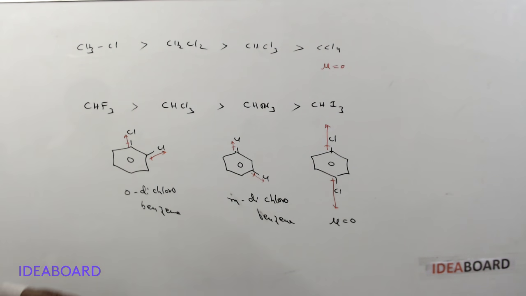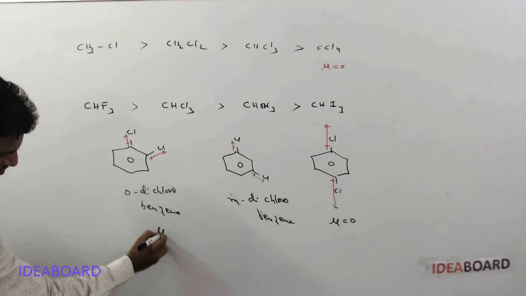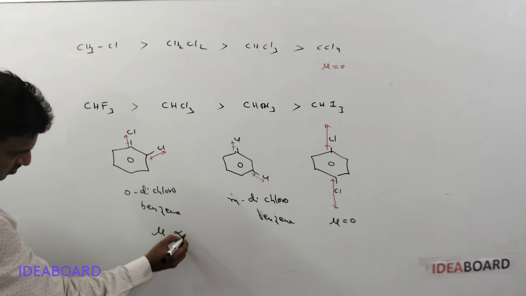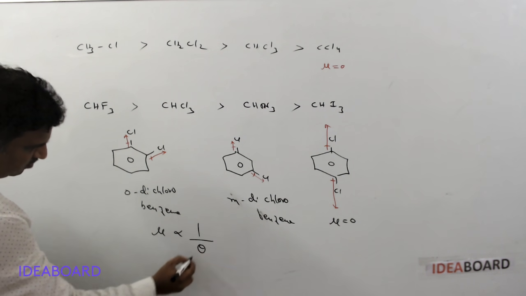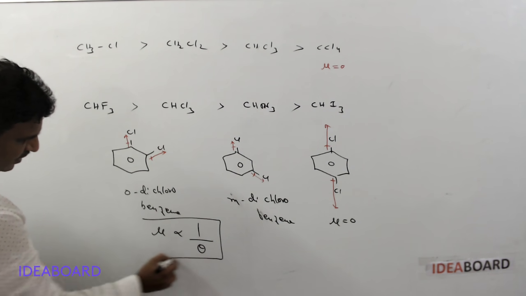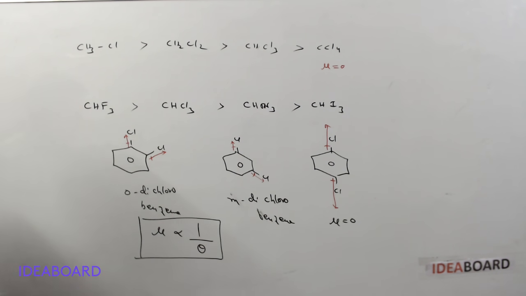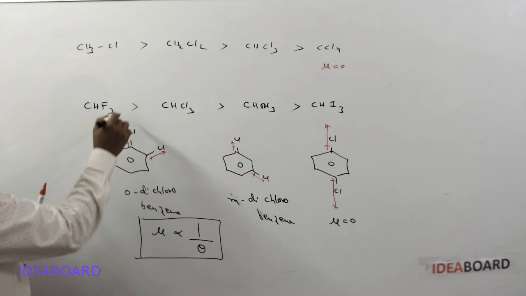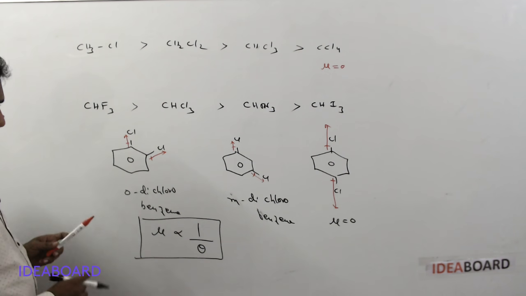When you compare ortho-dichlorobenzene and meta-dichlorobenzene, it depends on the dipole moment value, which depends on theta, the bond angle. Can you guess the bond angle?